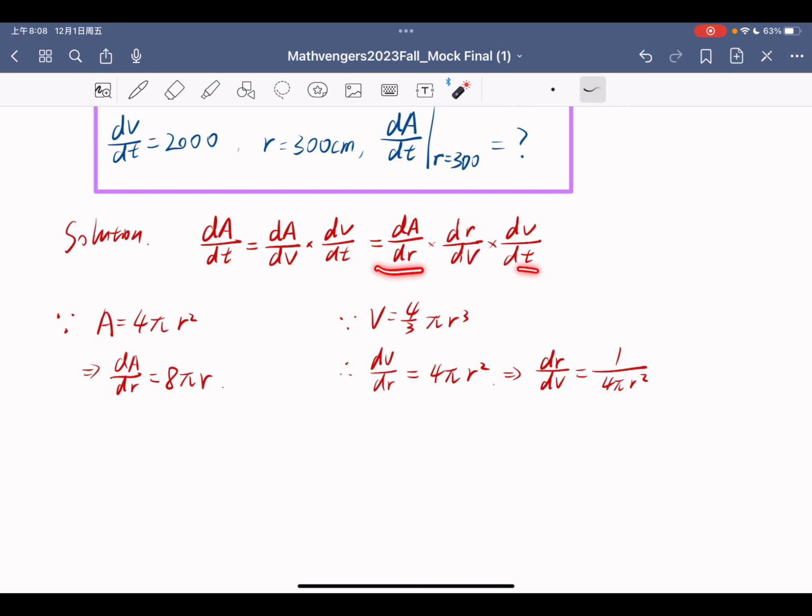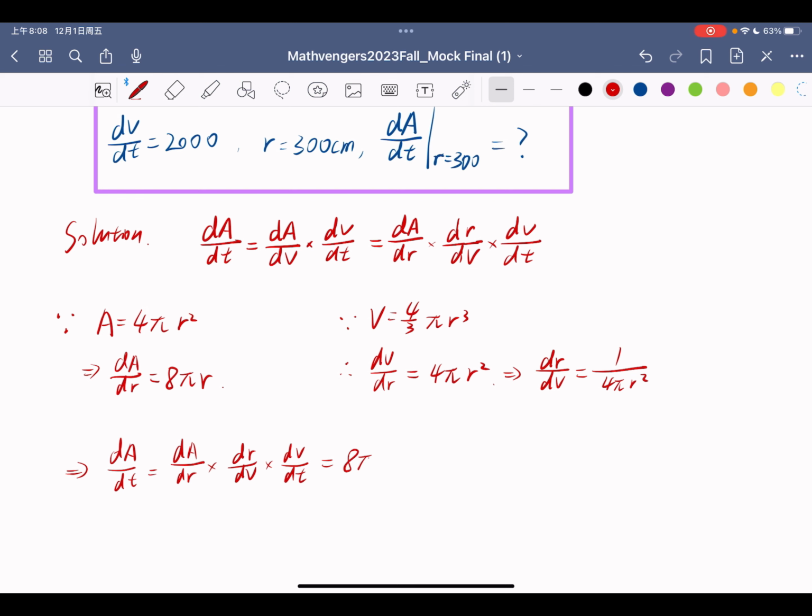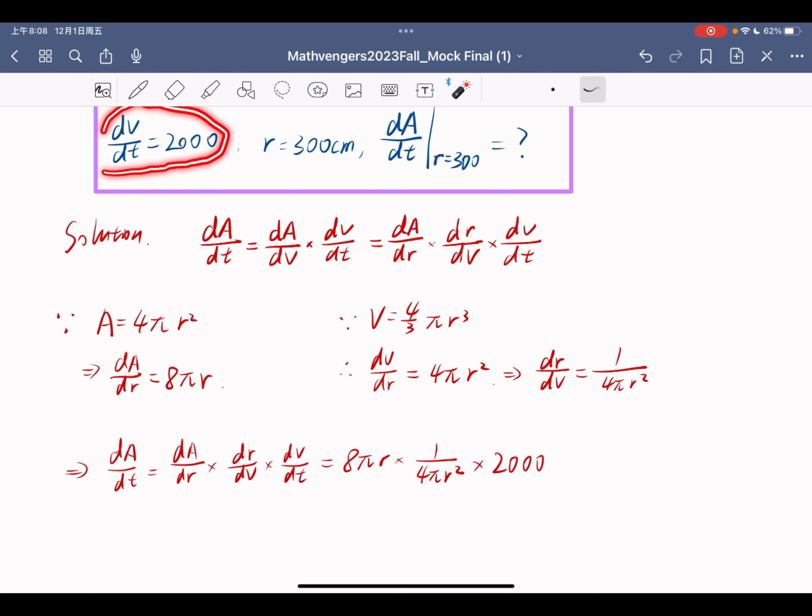Then we put them together: dA over dt is equal to dA over dr multiplied by dr over dV and dV over dt. For dA over dr, this is 8 pi r, times dr over dV, which is 1 over 4 pi r squared, and multiply by 2000, because we already know that the rate of change of volume over time is 2000.